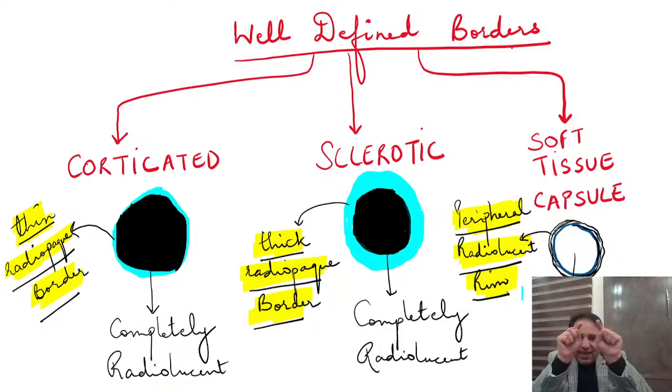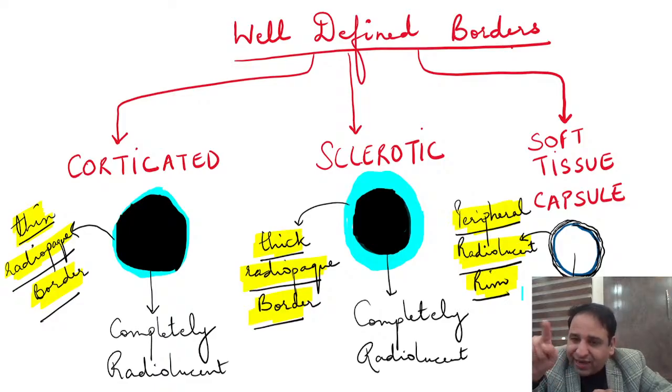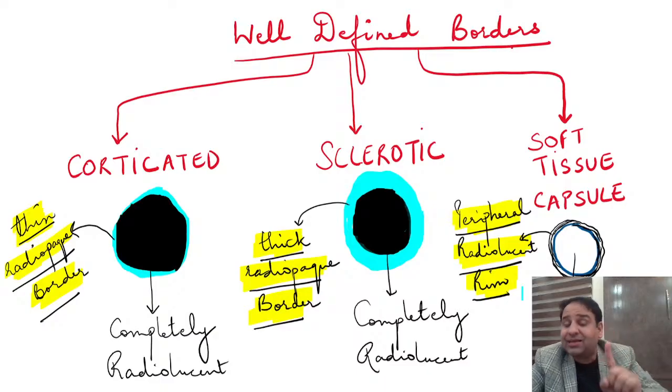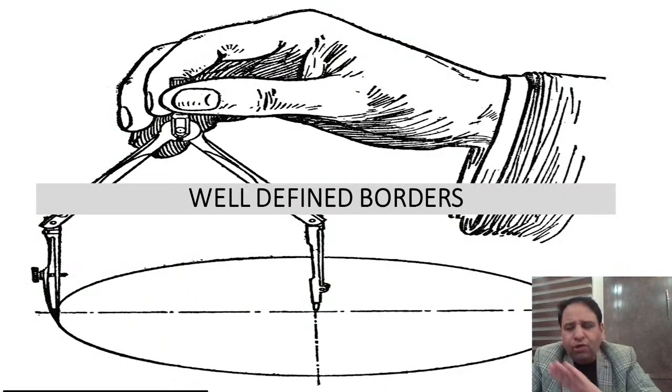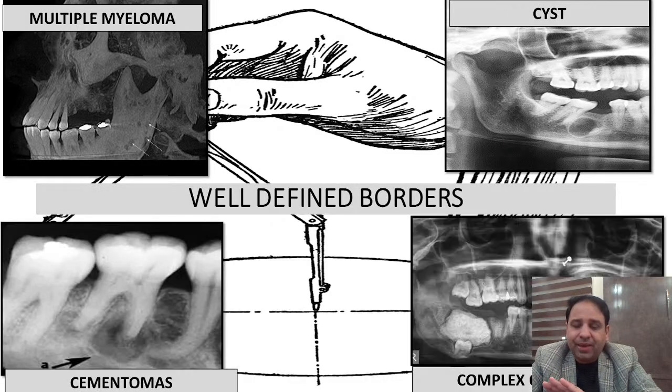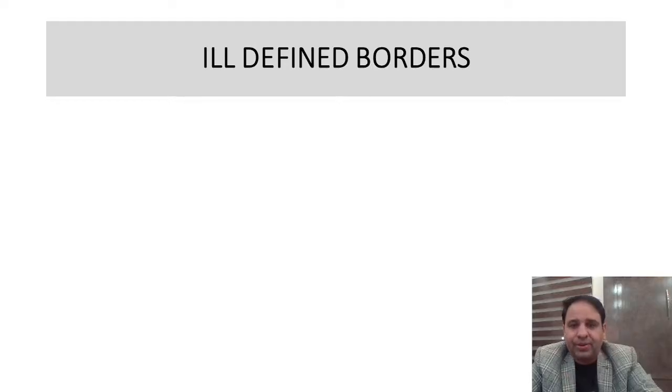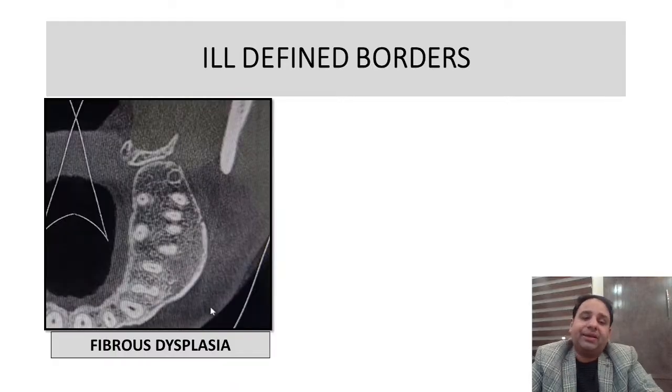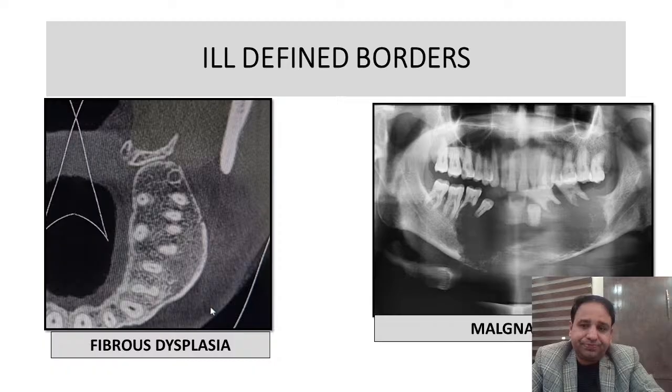Corticated border is a thin radiopaque border, sclerotic border is a thick radiopaque border, and some lesions have a soft tissue capsule, that is, they are radiopaque in the center but have a radiolucent rim around them, like cementoblastoma and odontome. I'm sure all of you know about it. I don't need to tell you again. I am only going to show you some images that will clearly tell you that this is important.